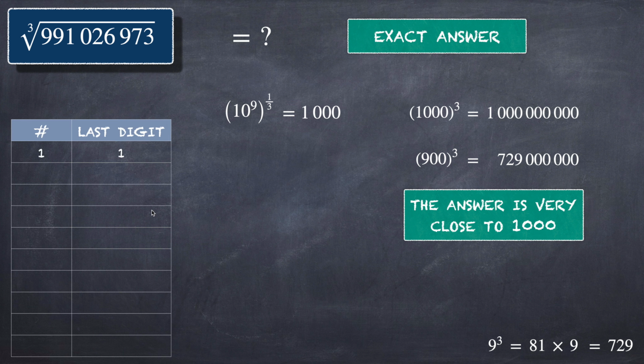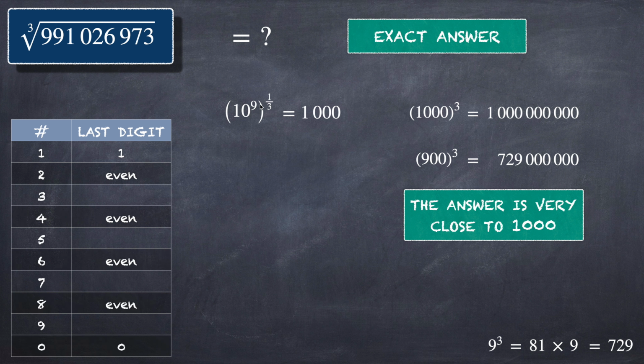Well, it's not 1, because 1 raised to the third power is equal to 1. So the last digit is 1. It's not 2 as well, because 2, or all even numbers raised to the third power, the result will be an even number. So it's not the case as well.